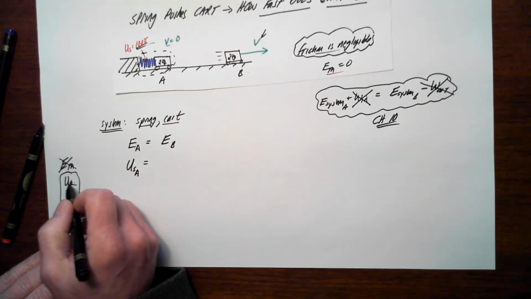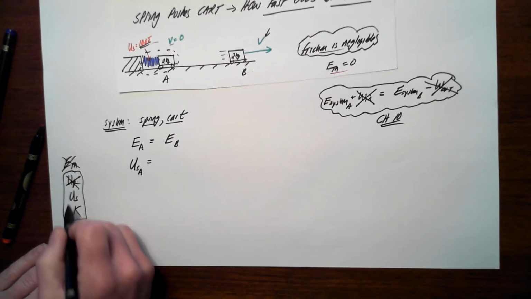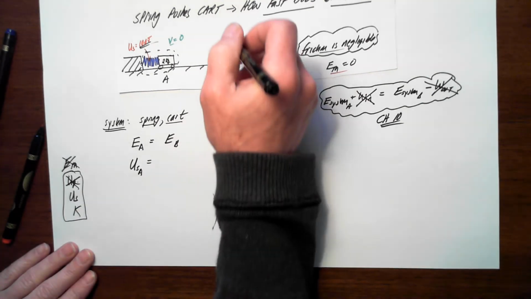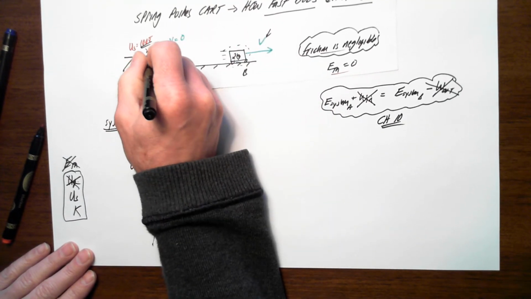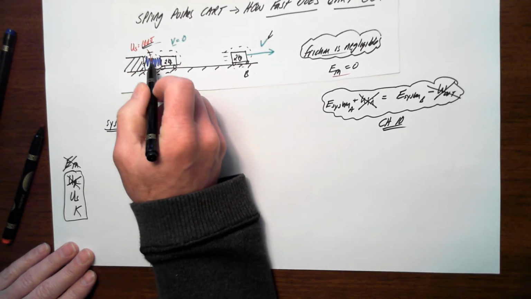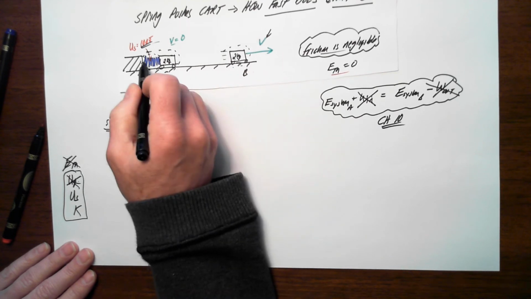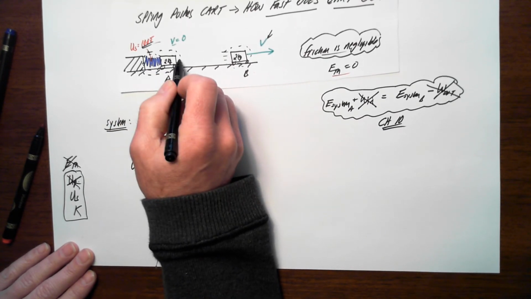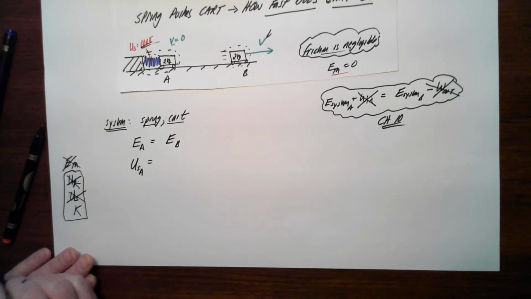What about at B? Let's go through our energy. No gravitational potential energy, because nothing's going up or down. Is there any spring energy? You say the cart's here, but the system still includes this spring, and the spring is sprung. By the time the cart leaves, the spring is back to its natural state. It has no energy, so there's no spring energy anymore.